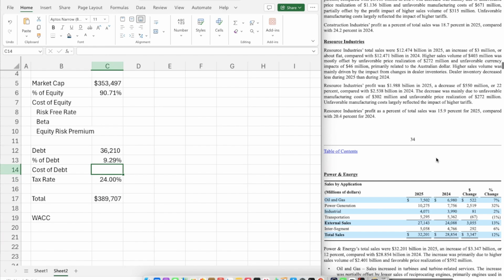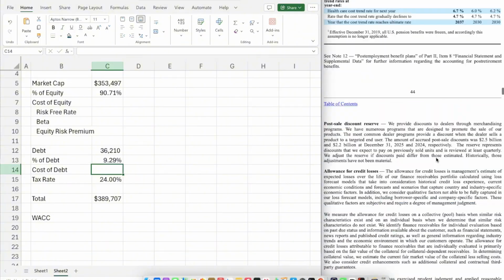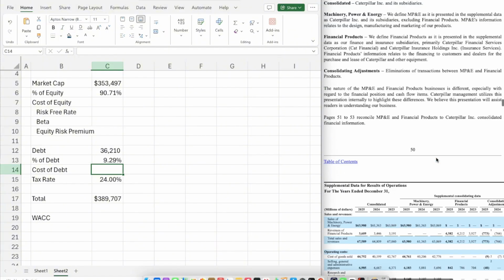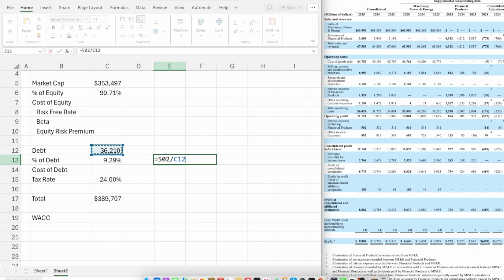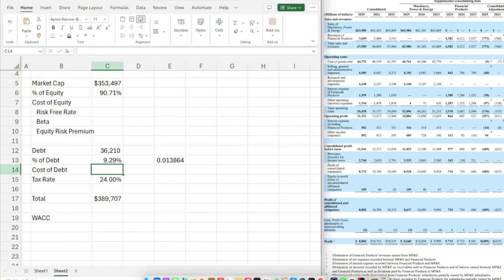The cost of debt, the way we'll work this out is on the income statement, we'll find the interest expense. This one. And we just divide it by the debt, and that will give 0.3864%.